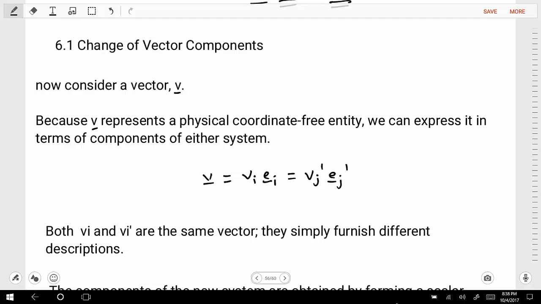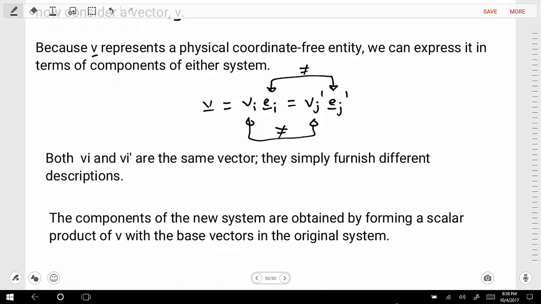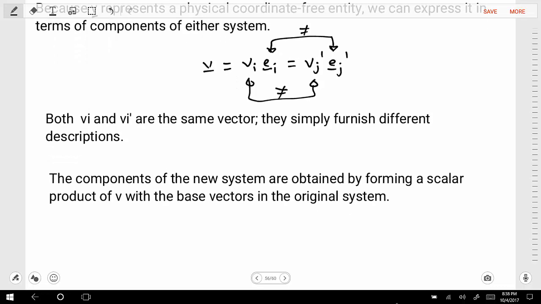So by itself, the vector is coordinate free, but we can prescribe to it different coordinate systems that will lead to different values of components. We'll see that these are not equal, and that these are also not equal. Both v_i and v_i prime are components of the same vector, but they are simply described differently, right?